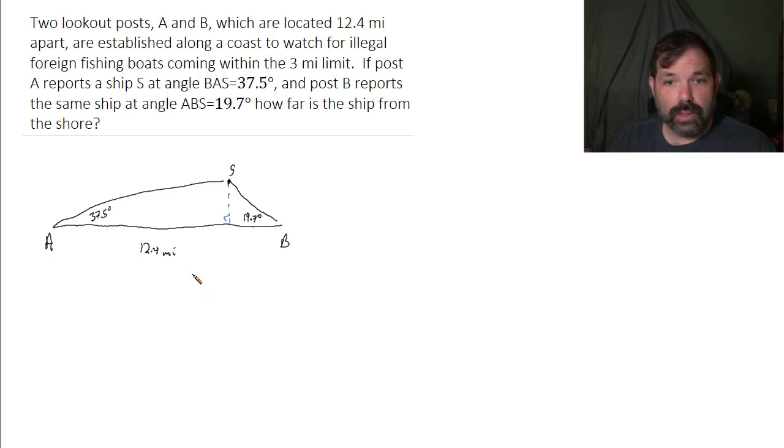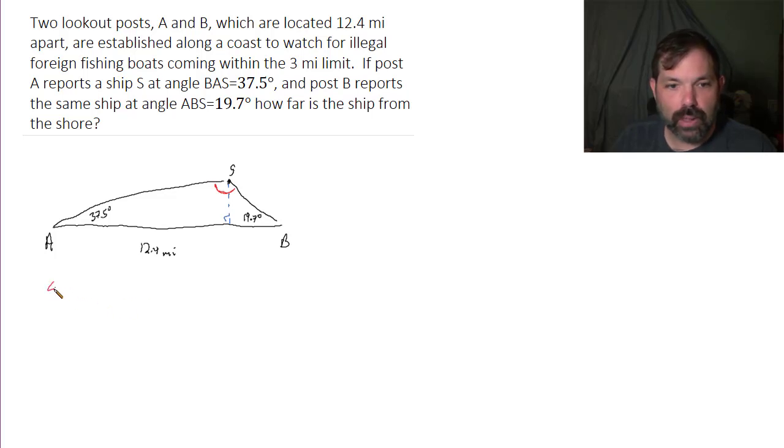So one way we could solve this, and it's not the only way, would be to use the law of sines to solve for either of the remaining sides of the triangle, and then use right triangle trigonometry to find the actual distance. So my first step would be I need to know the remaining angle. What's the remaining angle? ASB.